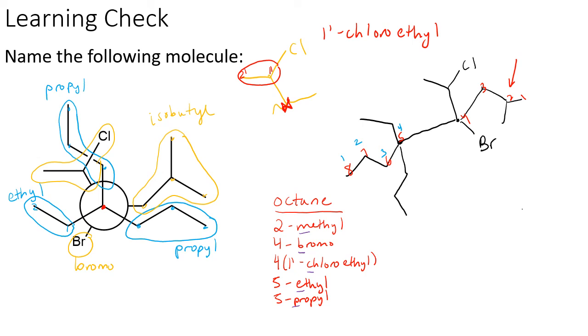So we're going to have 4-bromo, 4-(1'-chloroethyl), close your parenthesis, 5-ethyl, 2-methyl, 5-propyl, octane.